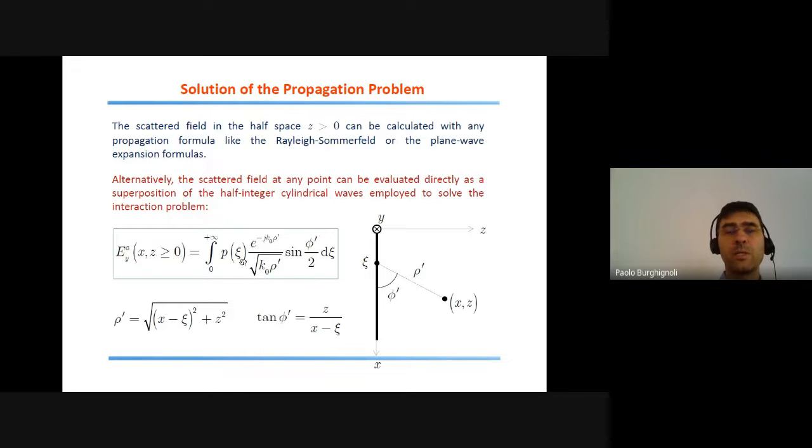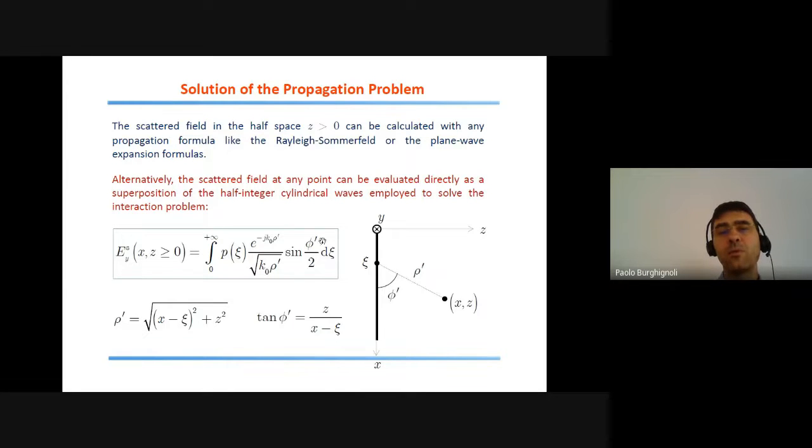So you can see here the amplitude function p that we now know. Then there is the rho dependence of the elementary wave that now originates from psi, so it depends on rho prime, which is the distance of the observation point from the general point psi on the back plane.